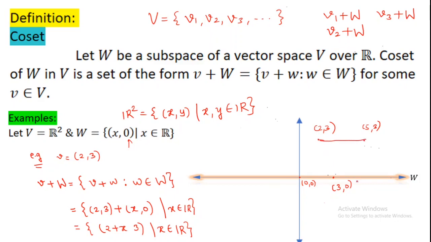Similarly, if I go on the negative side, and add (2, 3) to, say, the point (minus 2, 0), what I will get is (0, 3), and (0, 3) is somewhere here. Is that fine?